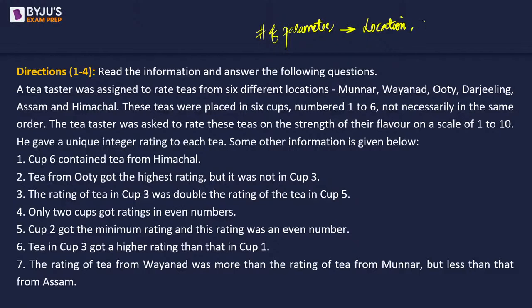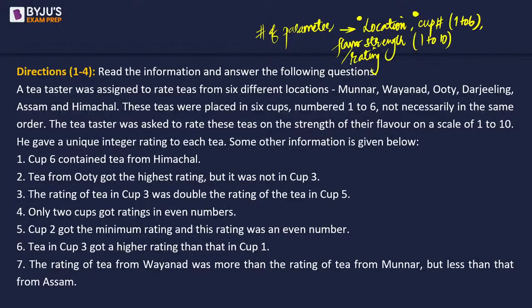The next one is the cup numbers, 1 to 6, and then they have the flavor strength on a scale of 1 to 10, and they're unique, right? Cup numbers are unique and flavor strengths are unique. He gave a unique integer rating to each tea. So flavor strength as in rating. So there are 3 parameters here, right?